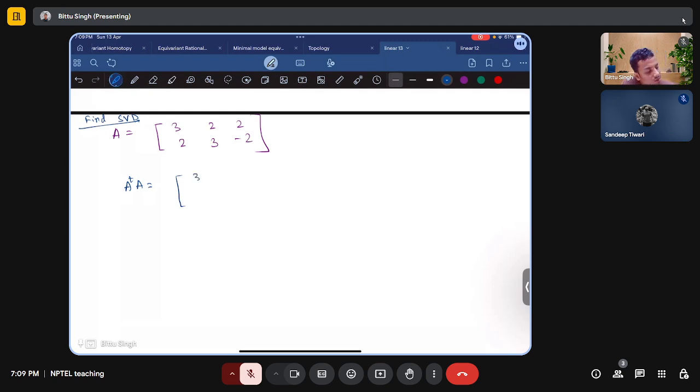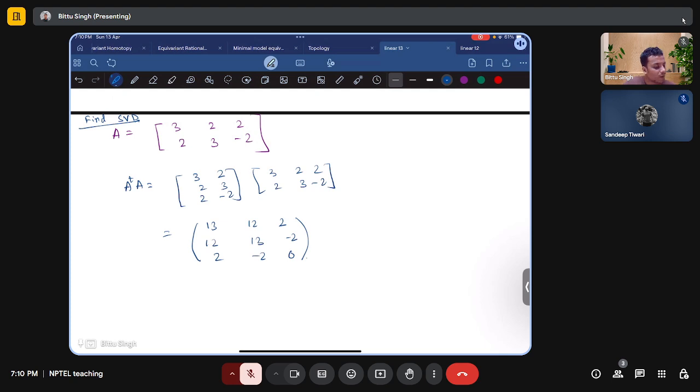It will be 3, 2, 2, 3, 2 minus 2 times 3 2 2, 2 3 minus 2. So A transpose A will look like 13, 12, 2, 12, 13 minus 2, 2 minus 2, 0.